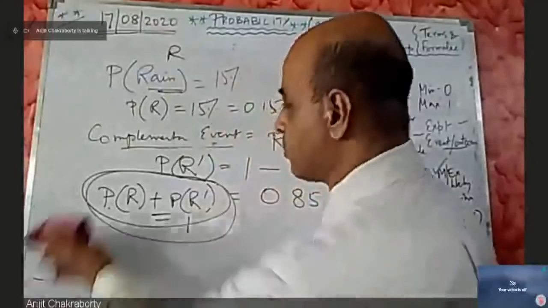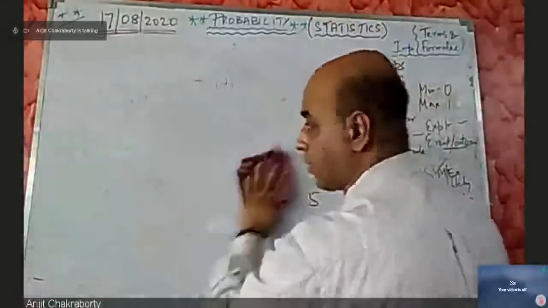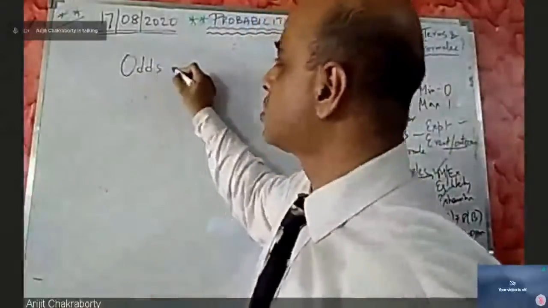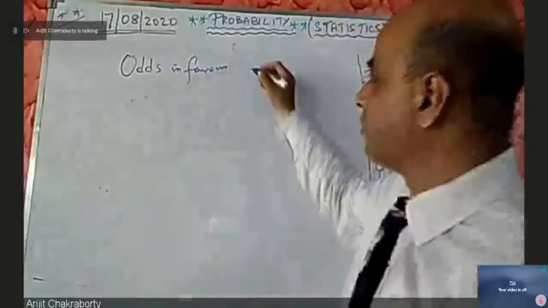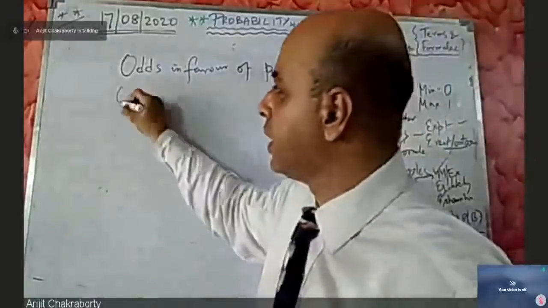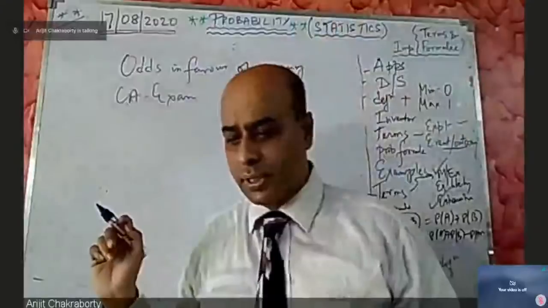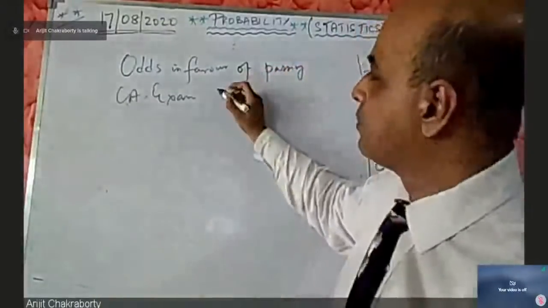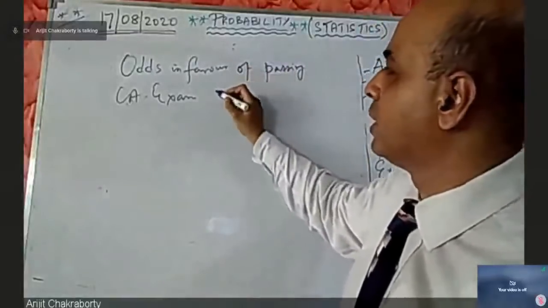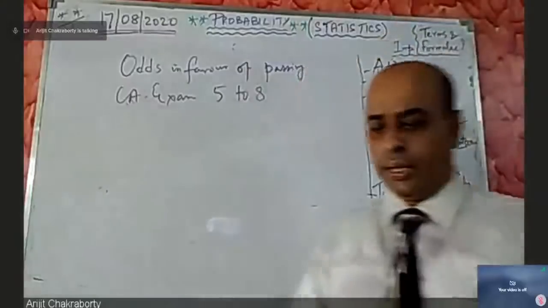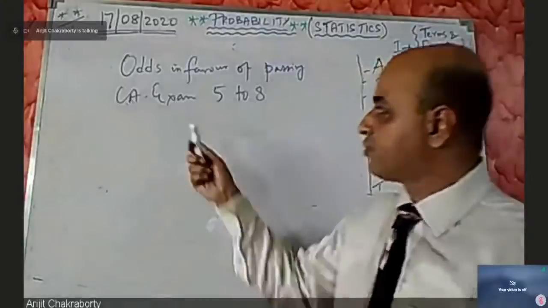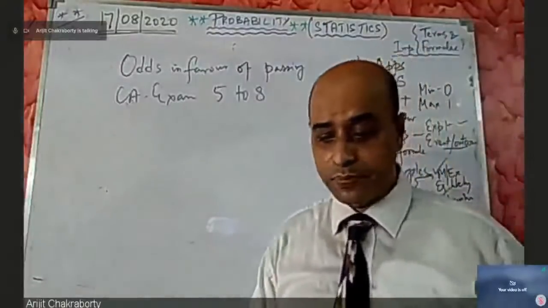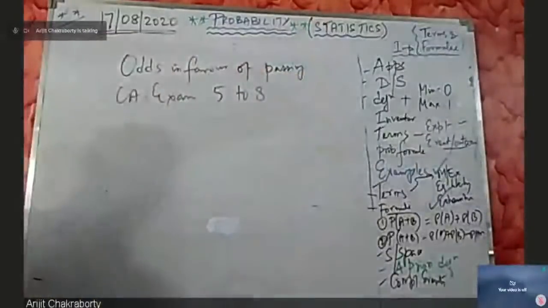So the last one is, sometimes you get a numerical like this, that the odds in favor of passing the CA exam for a particular person are given as, say, 5 to 8. The odds in favor of passing the exam are given as 5 to 8, which means the probability will be how much?